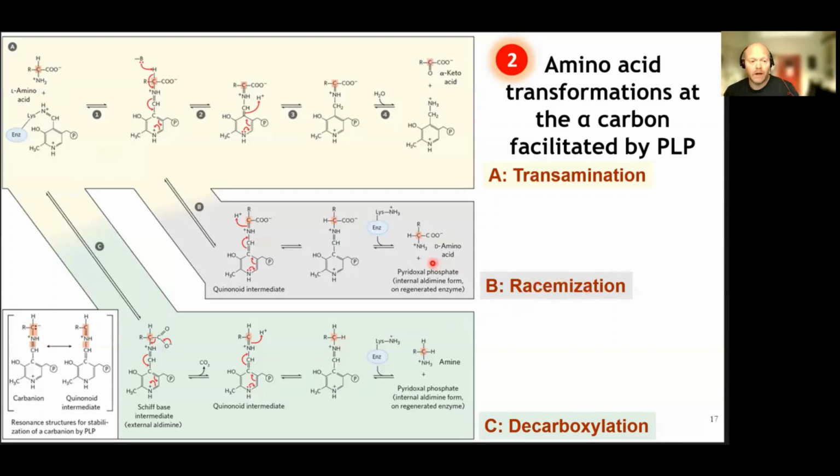So if you have a mix of only L amino acids and they are racemized, then in the end you will have 50-50 of each. We will not go into more detail on pathway B and C here. However, on the next slide, we'll briefly go through pathway A, transamination, because of its importance for the pathways that are discussed, especially in chapter 18 of Lehninger.